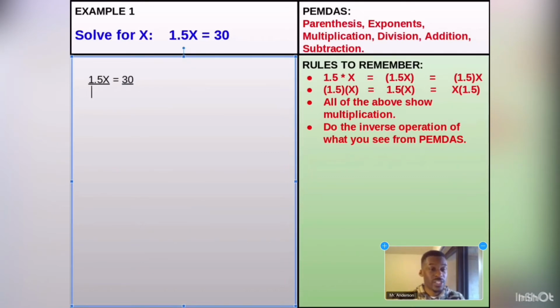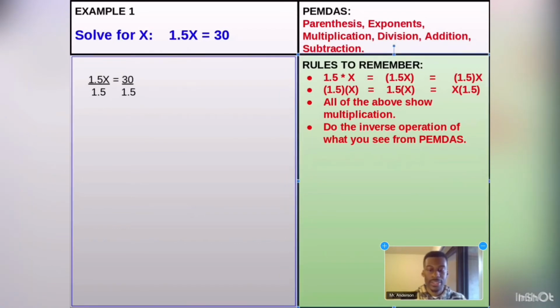The leading coefficient is 1.5. Okay. And we're going to divide the 1.5 on both sides of the equal sign. Never forget that.